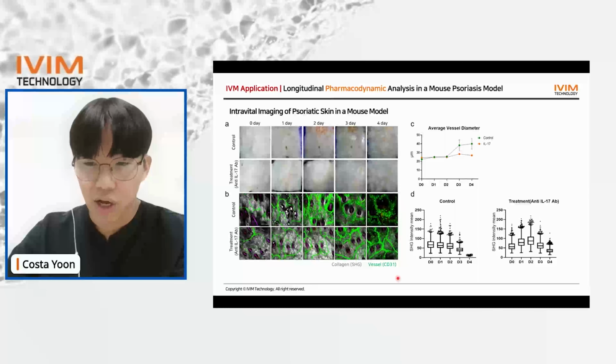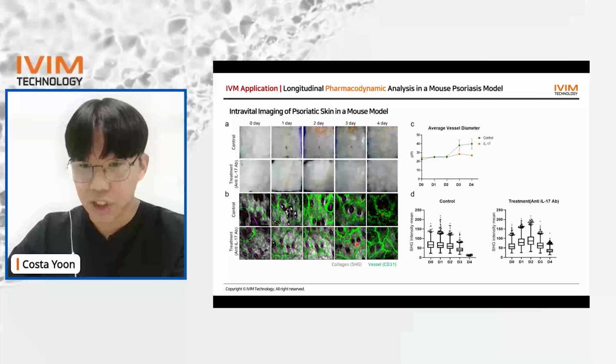In contrast, although some vascular changes were observed in the treatment group on day 3, overall vascular structure and vascular diameter remained more stable than in the control group. This can be interpreted as a consequence of reduced inflammation following IL-17 neutralization. Quantification analysis of the fluorescence image shows that vessel diameter increased to more than 10 micrometers in the control group.